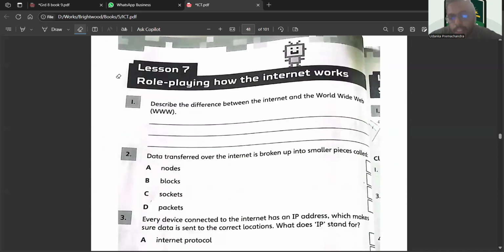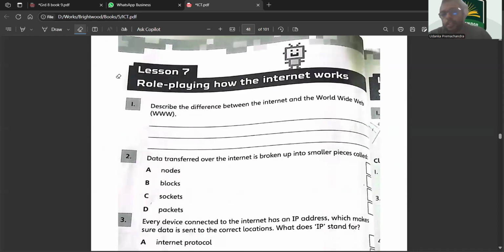So shall we move to this one? Yes, lesson 7. Try to write the answer. Firstly, we discussed the last day about this WWW.